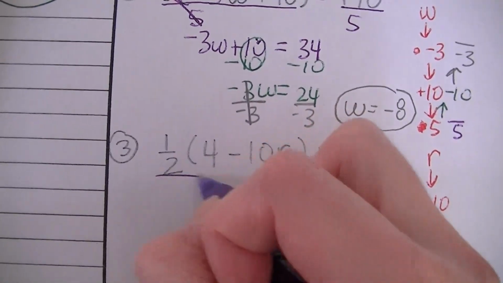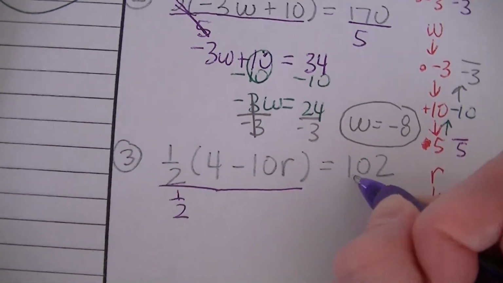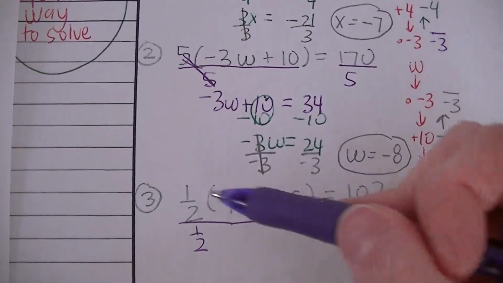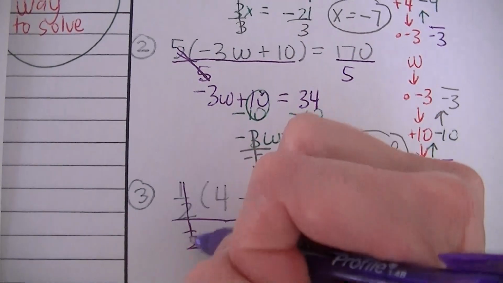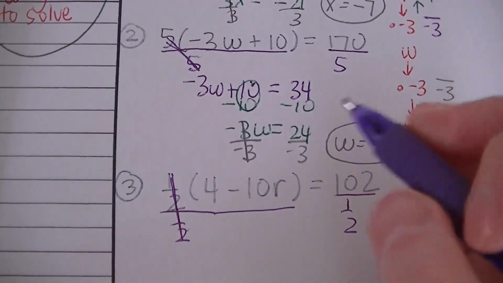Okay? So divide by 1/2, divide by 1/2, and 1/2 divided by 1/2 is 1, because any number divided by itself is 1.